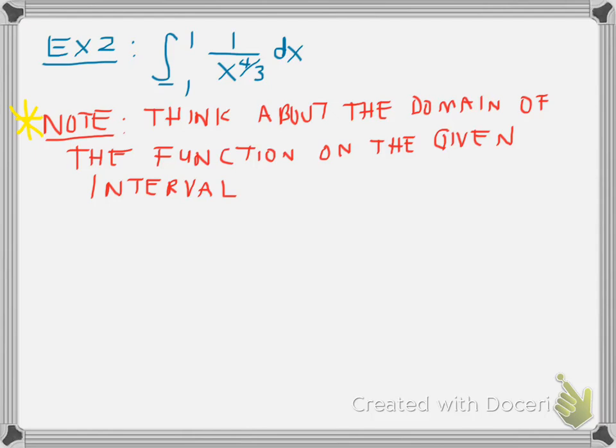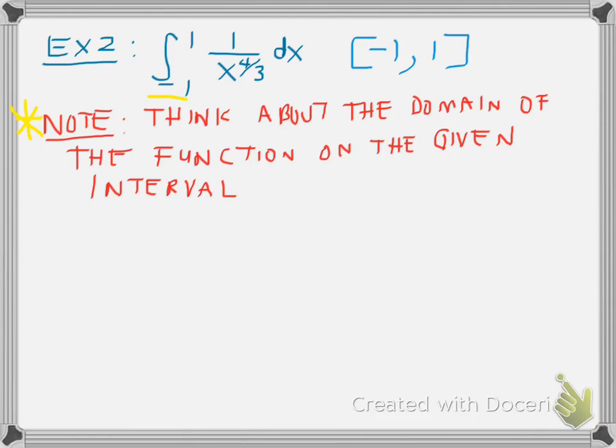Just keep in mind, when you're dealing with improper integrals in this section and this homework, that if you have an integral where there's no positive or negative infinity, and at the endpoints the function is defined, because at -1 and 1 this function is defined, then there's some point in between the interval -1, 1 where this function is discontinuous.